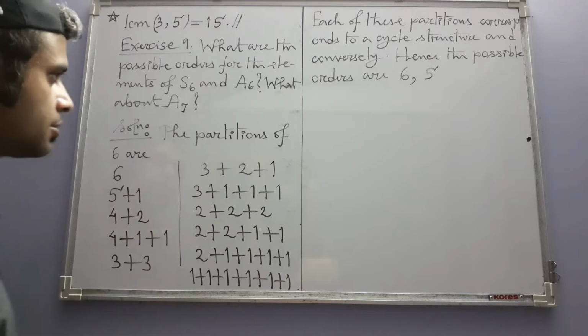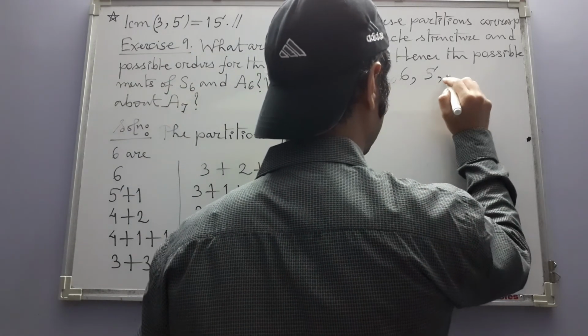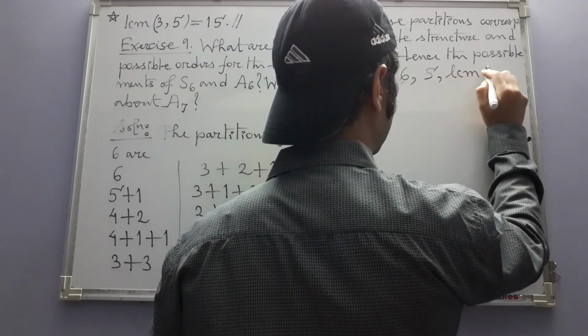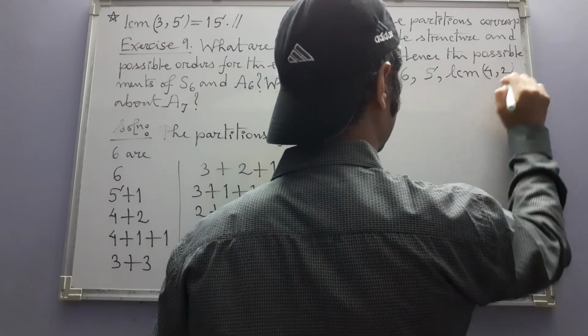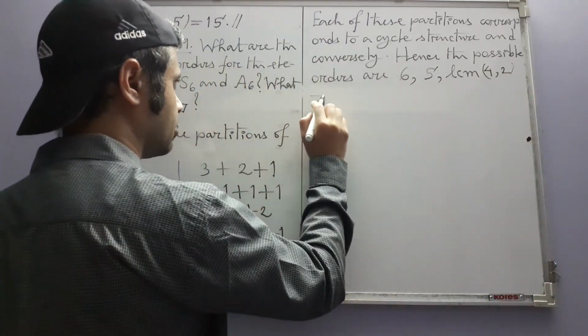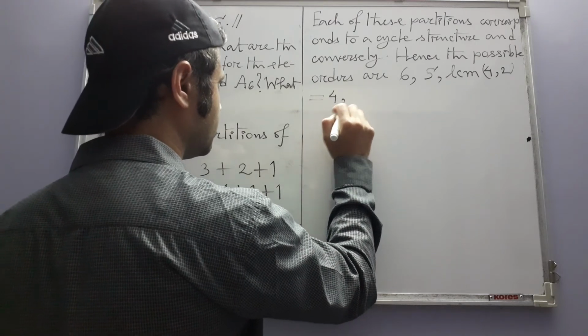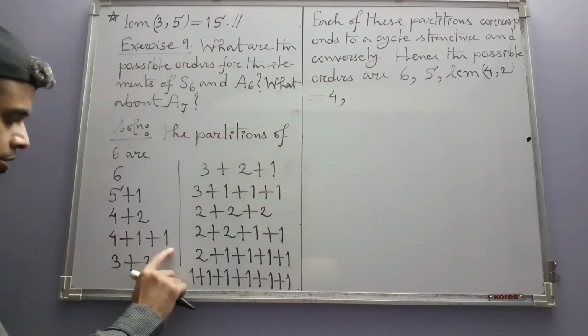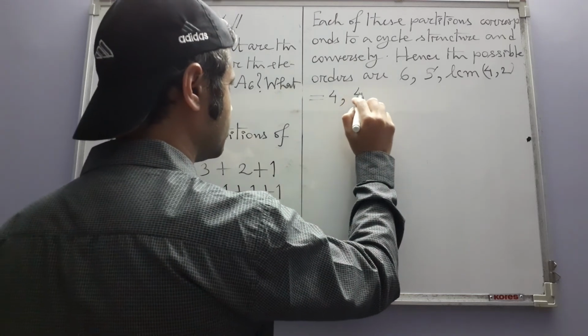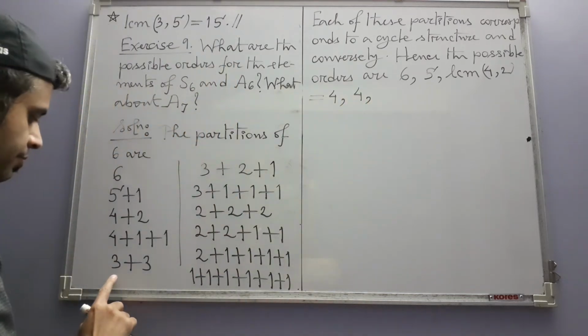This one is, this time we are going to write it so that we don't directly write the orders, we show something in between how we are getting the order. So this is 4. This corresponds to, of course, the order 4.